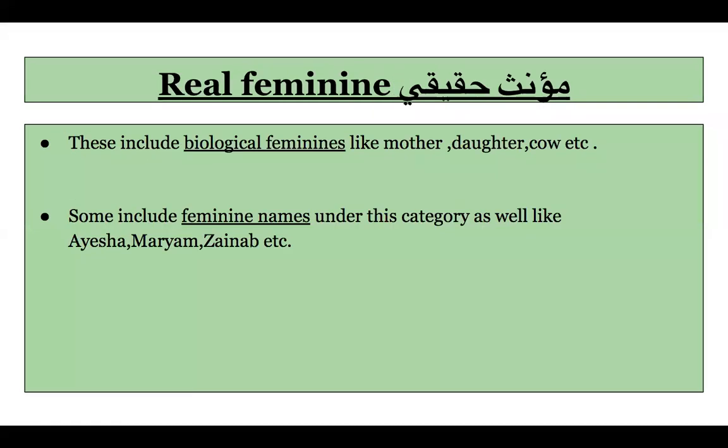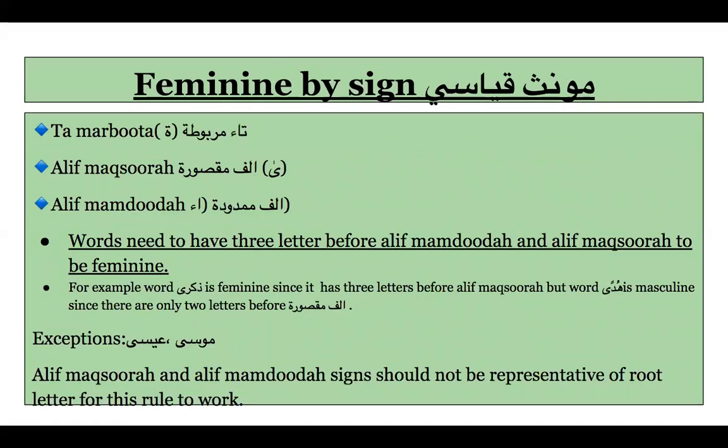The second category that you are going to see is feminine by sign. And this is a very interesting category, right? Where you can identify by looking at the sign. During this course, you will learn many different signs that will help you identify which category different kinds of words belong to.